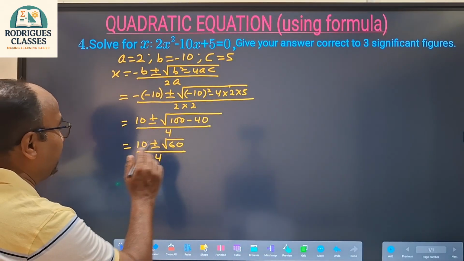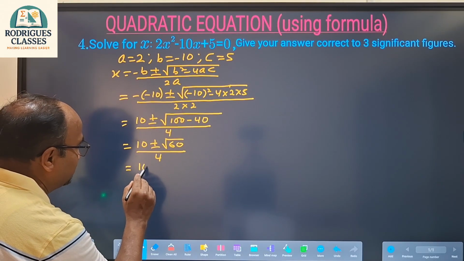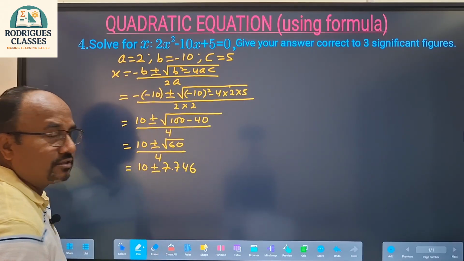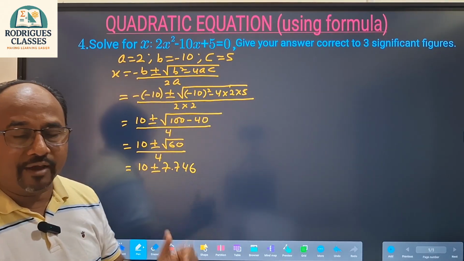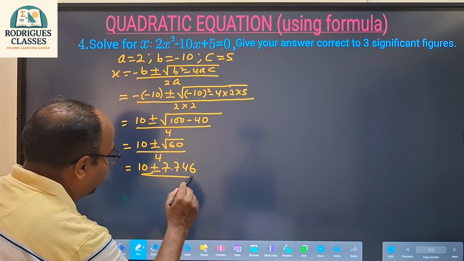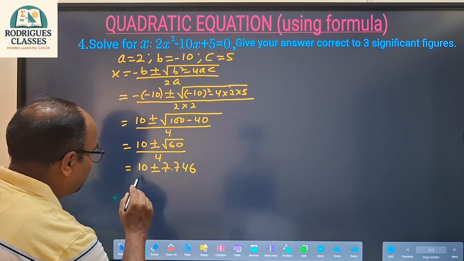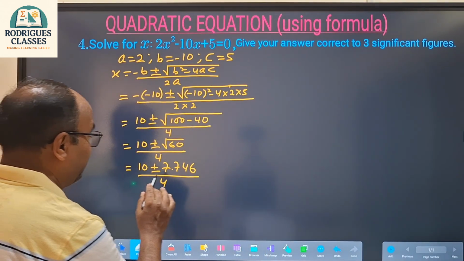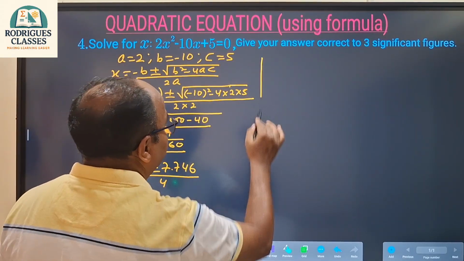Seeing the value, I get root 60 as plus minus 7.746. Okay, so this value I have written and now divided by that denominator 4. So we will separate them out now.